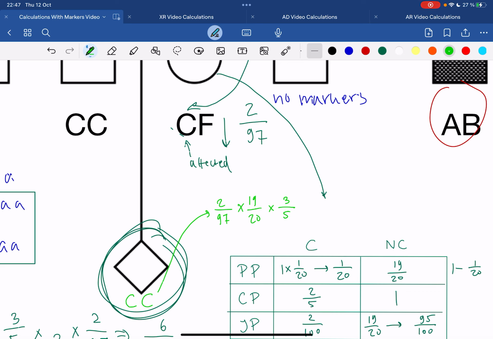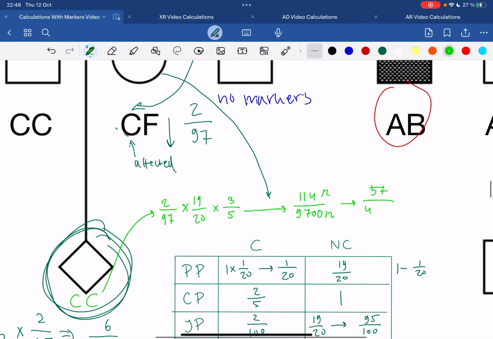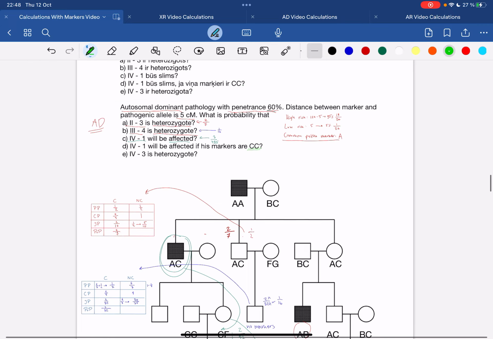Pretty sure you can simplify it with 2 here. You get 57 over 4850. So here you would get 57 over 4850.